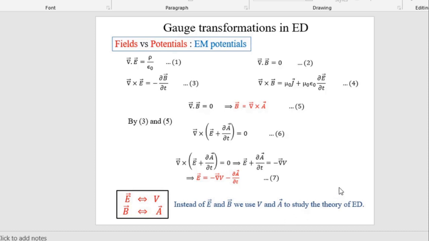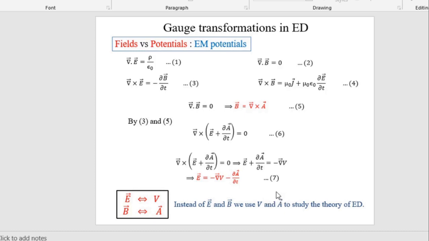It is also good to mention here that in higher theoretical treatments we basically deal with these electromagnetic potentials rather than the fields when we consider electrodynamics.